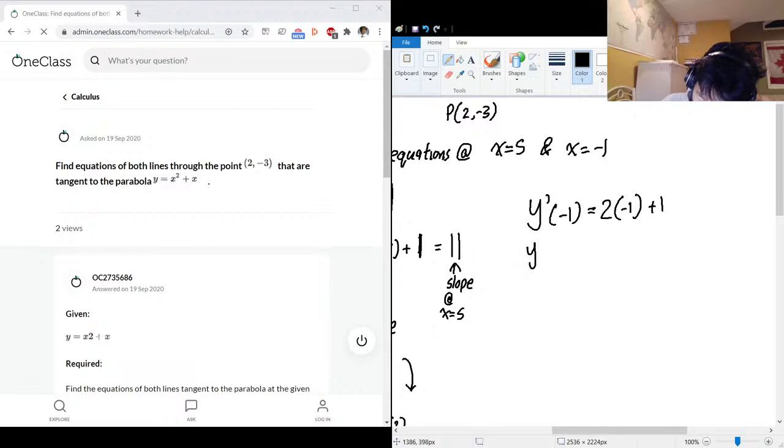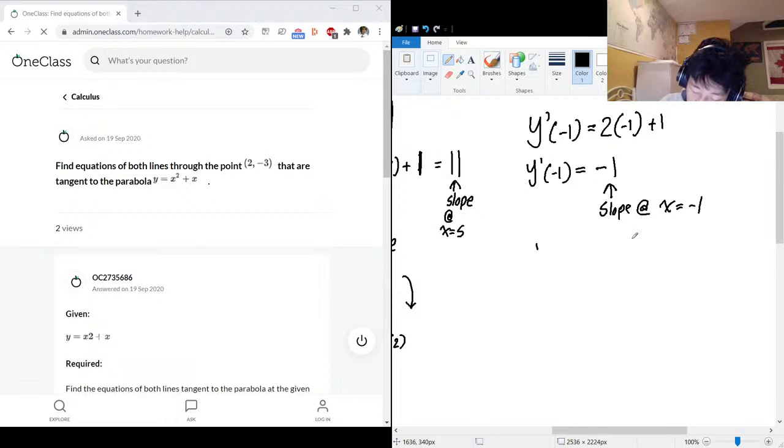So y prime of negative 1 is negative 1. That is the slope at x equals negative 1.